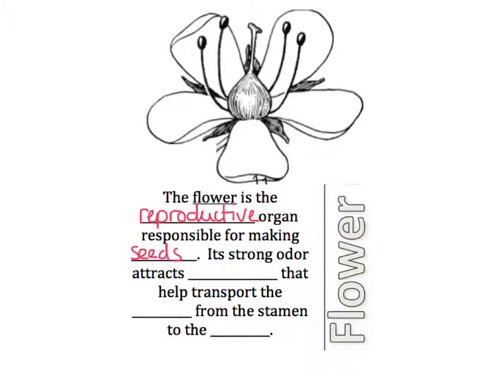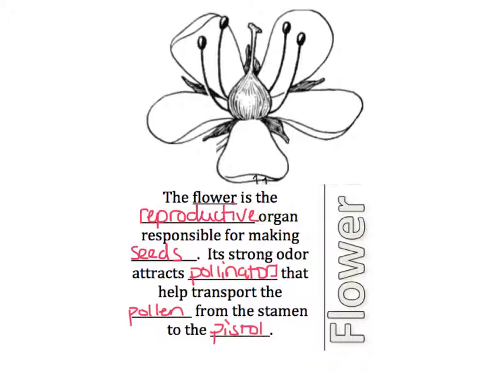Its strong odor attracts what that helps transport what from the stamen to the what? So your blank should read like this: its strong odor attracts pollinators that help transport the pollen from the stamen to the pistil.